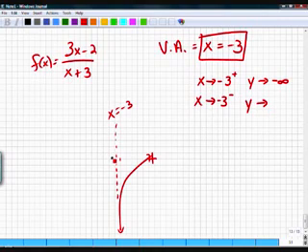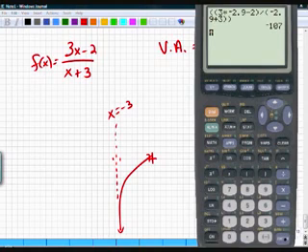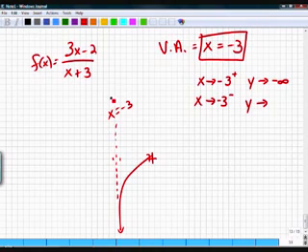So plug in -3.1 to find out what it does on that side. You can go back and do second entry, and then anywhere you have -2.9, put -3.1. You think it's going to go down? 3.1, positive 113. So you're way up here at -3.1. So as x approaches -3 from the left side, y approaches positive infinity. Any questions?